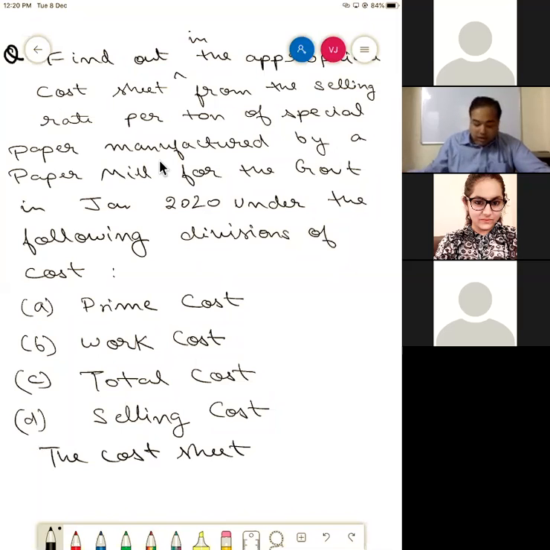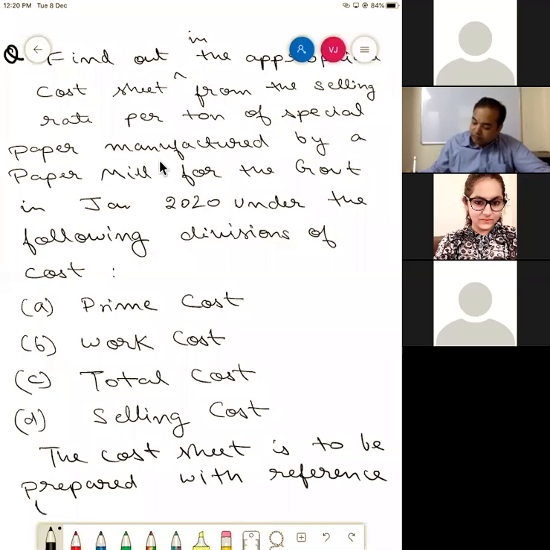The cost sheet is to be prepared with reference to data given below.